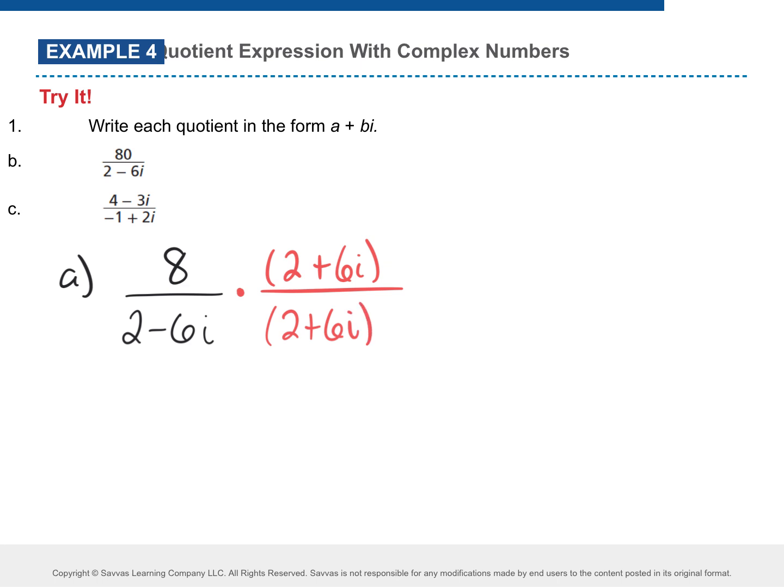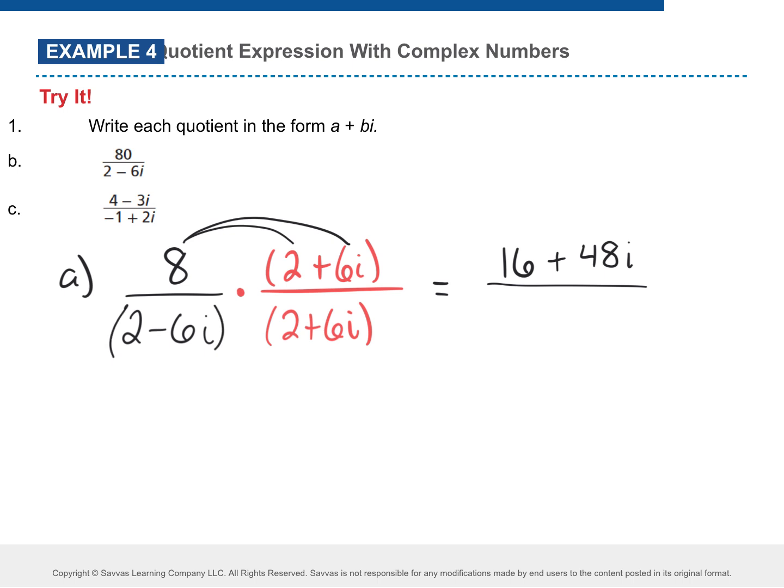What's going to be happening on the top? Yep. 8 times 2, 16. 8 times 6i, 48i. Okay. What do I do on the bottom? Yep.